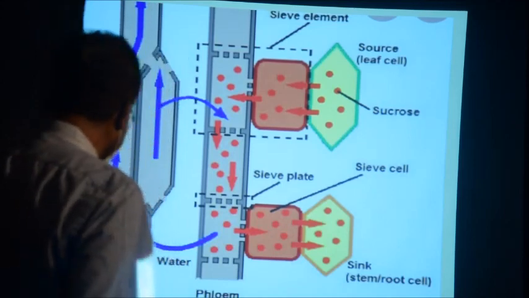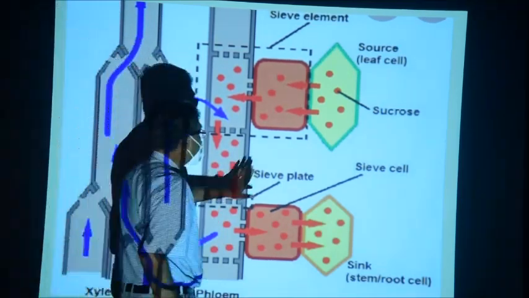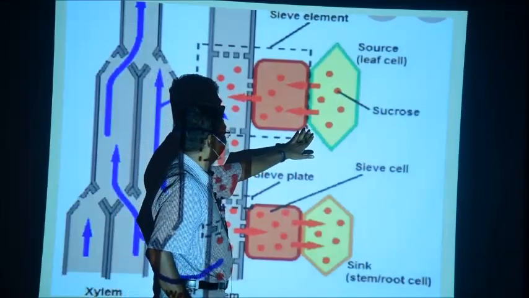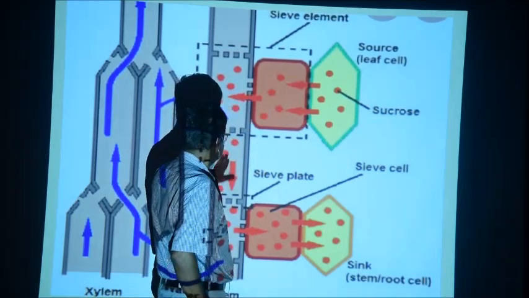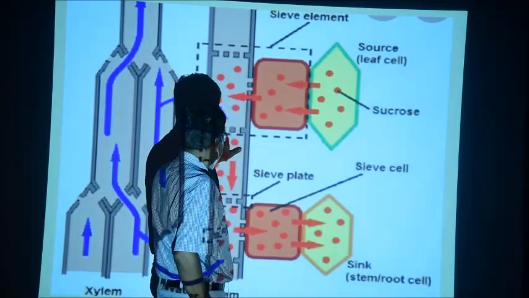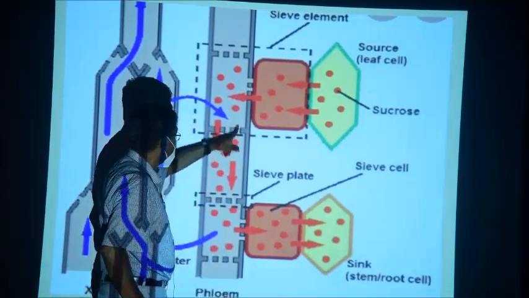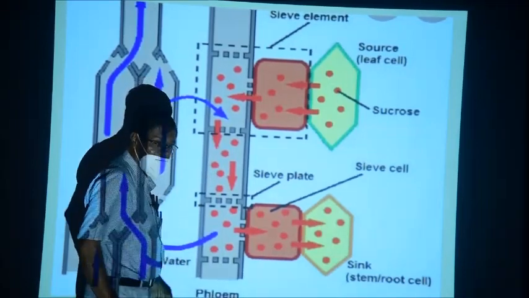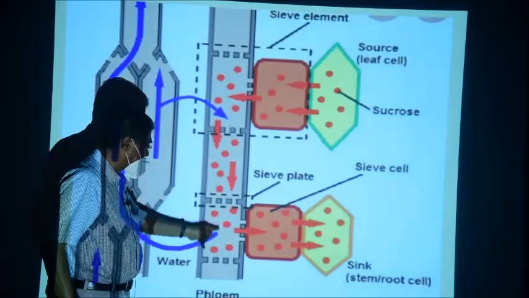Now this is the same thing explained again. You see here, this is sucrose or sugar formed in the leaves. This is the phloem element. These are sieve tubes. These are sieve pores, and this plate is called the sieve plate. Now it is loaded here, that is called, as I have already told you, phloem loading, and it comes down here.